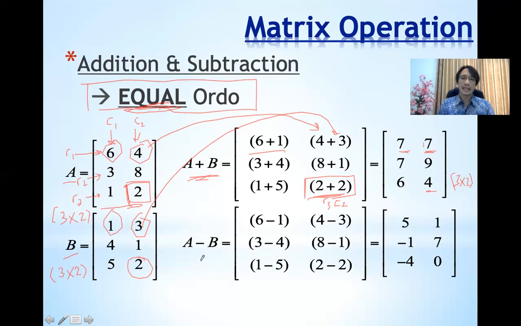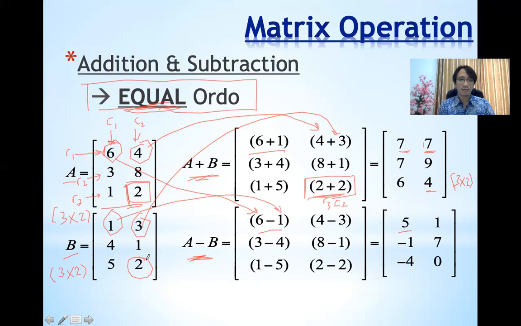That also happens in the subtraction operation. If A plus B means for row 1, column 1, we add it with row 1, column 1 in the B matrix, then for A minus B, we take A row 1, column 1 minus B row 1, column 1. 6 minus 1 becomes 5.